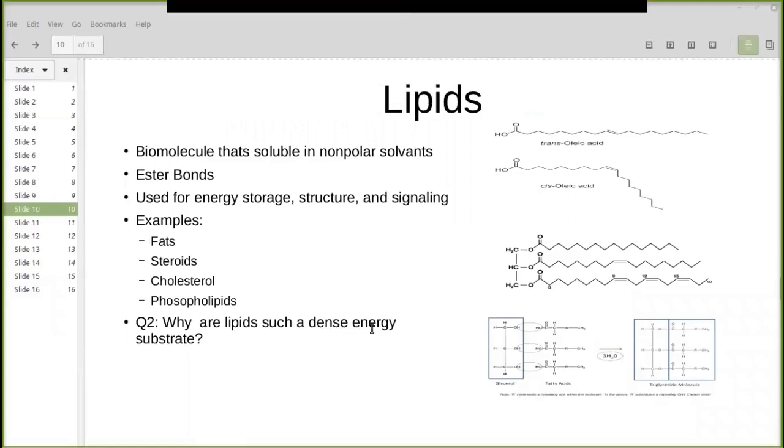So we know that lipids are very dense energy sources. What would be the reasons for this? Why are they so good at storing energy?